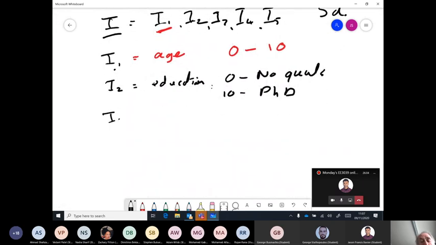I3 is going to be income. Again, the scale 0 to 10, and 0 is going to be no income. And 10 is going to be, what should we say, $500,000 a year.